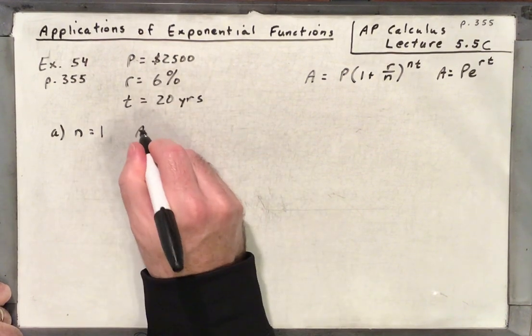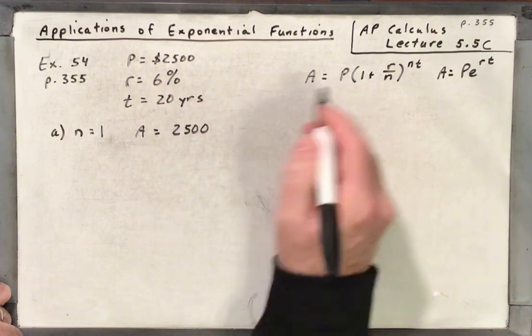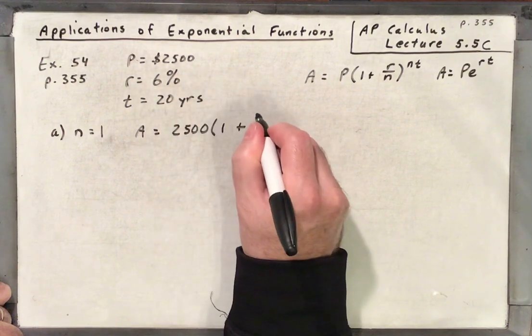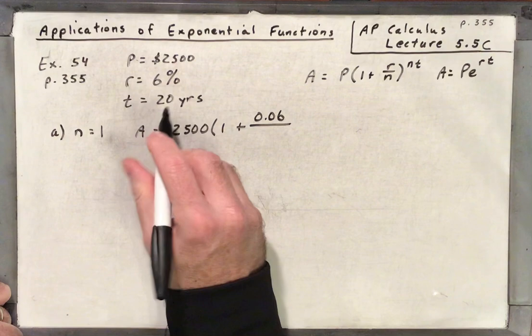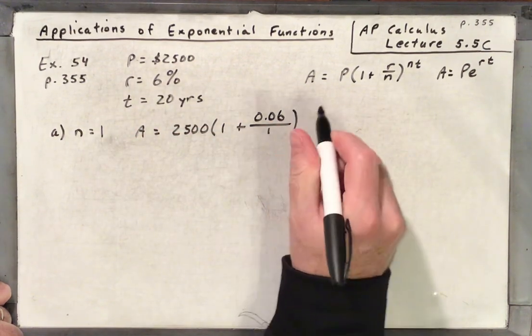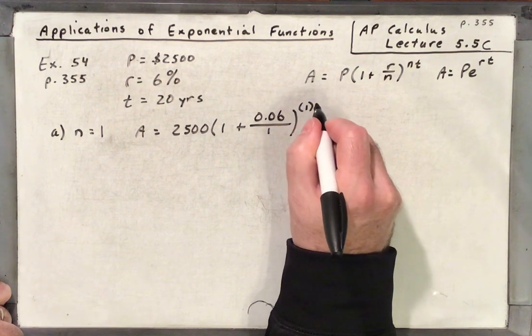So A would be 2,500, so we're plugging in 2,500 for P, times 1 plus the interest rate turned into a decimal, 0.06, divided by the number of compoundings per year, which is just 1, to the N times T, so 1 times 20.